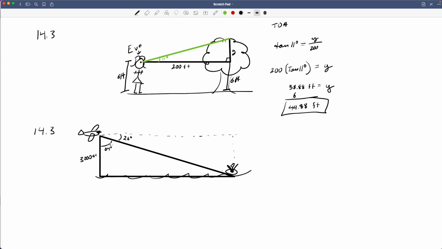So this is the angle that we're going to use to figure out how far away this person is. And this distance here is called S, and S equals what we call the slant height. So we're going to find that. Given 64 degrees and 3,000 feet, we can find out how far away they are.